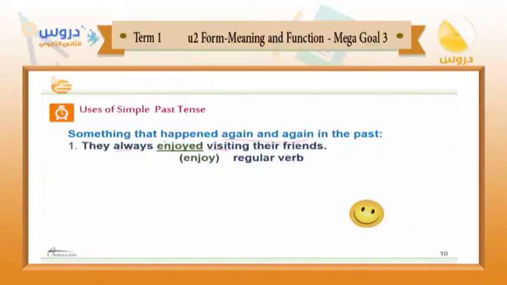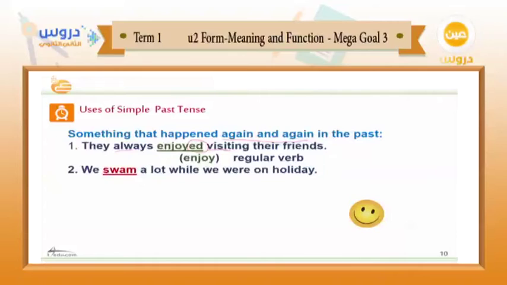Why did we say it is regular? Because we added ed in the past. We swam a lot while we were on holiday. So when they were on holiday, they swam a lot. So this thing happened again and again. And of course, swam is an irregular verb because we didn't add ed.